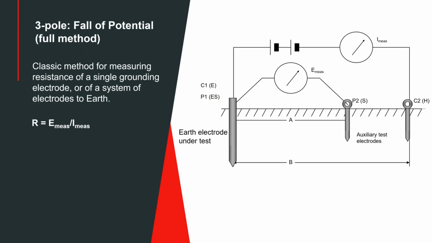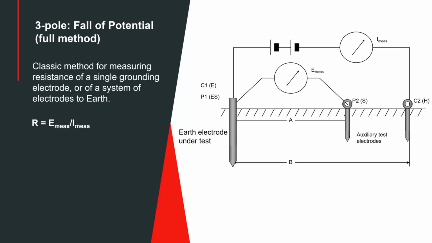So now we're taking a look at the best way to do a ground resistance measurement. The two-pole is cheap and dirty. The three-pole is now the really good, reliable way to do a measurement. Now, you can do this with either a three-pole or a four-pole tester.